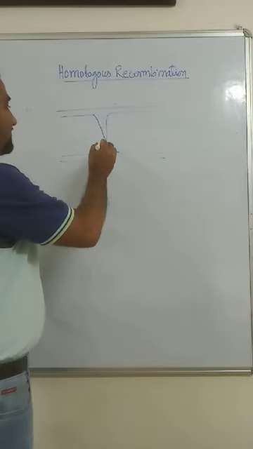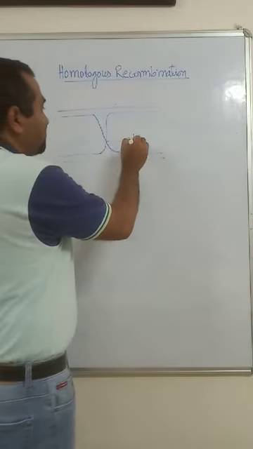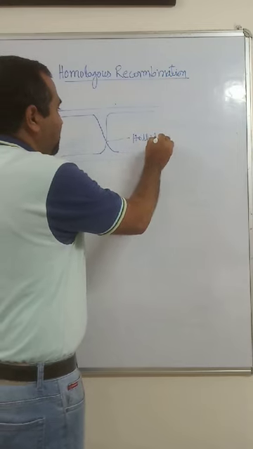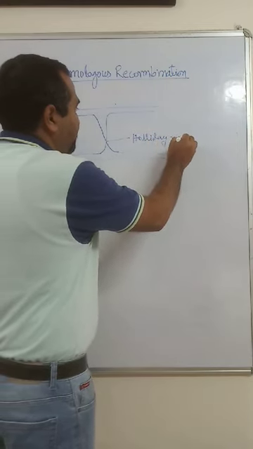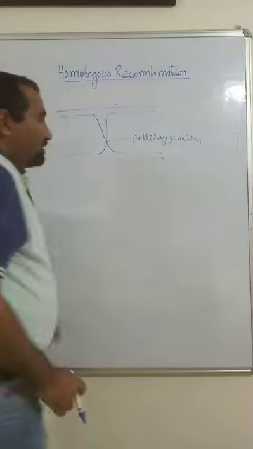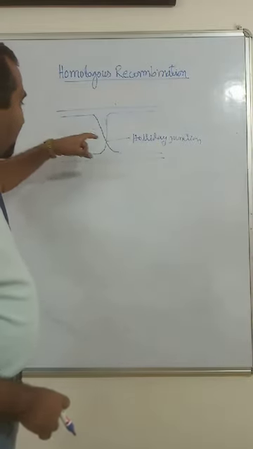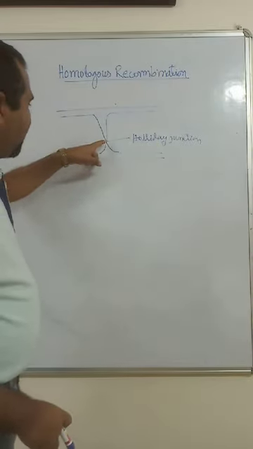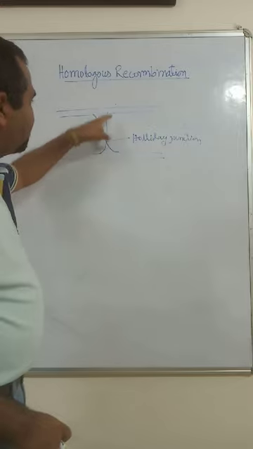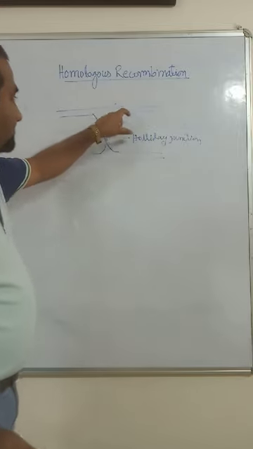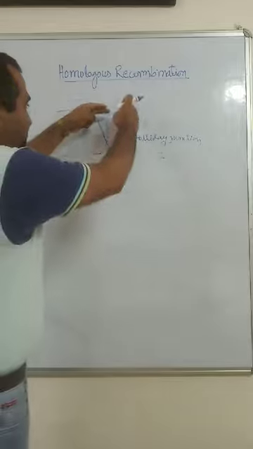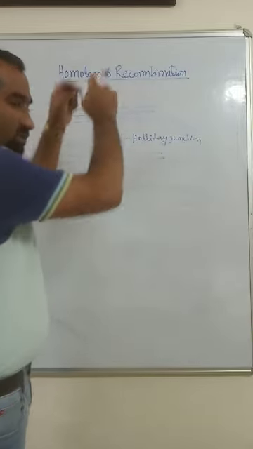So this junction is known as Holliday junction, and as this segment starts finding its complementary sequence, it will come down, this sequence will go up.